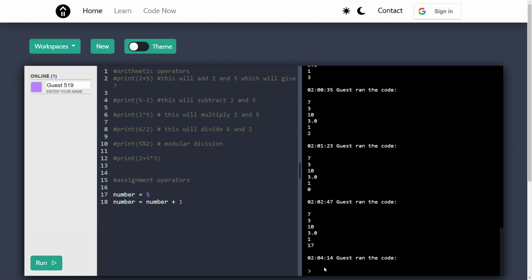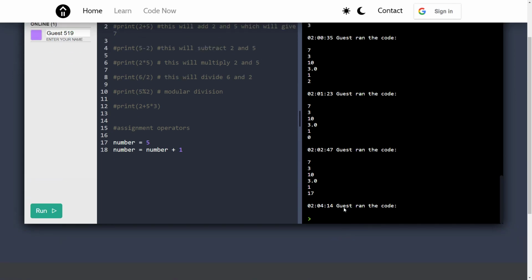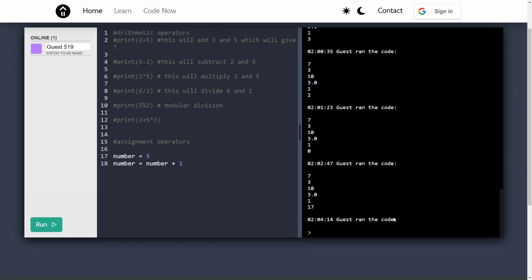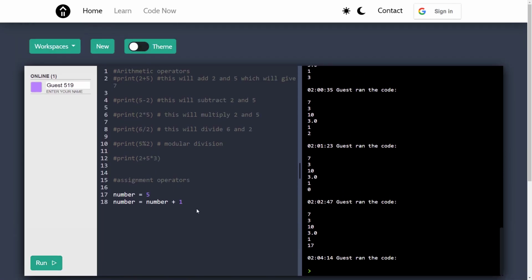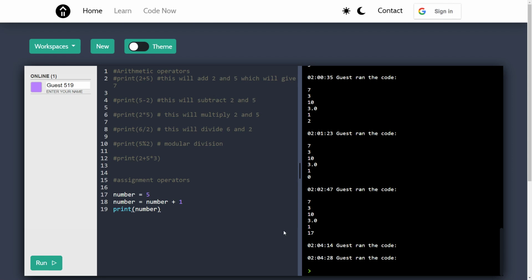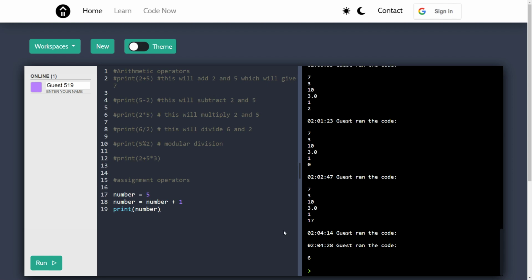Oh, a little error there. My bad. We're not outputting number, right? So let's think about what this does. Remember how in the last video I said that we can change variables at any given point.